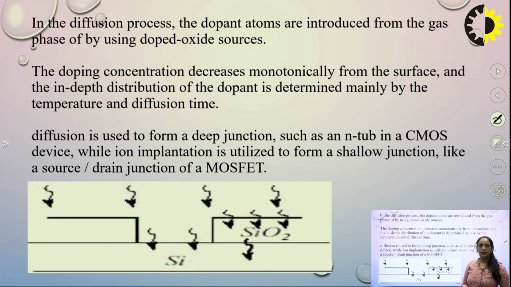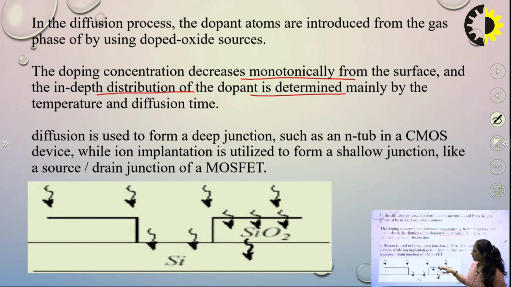So what basically is diffusion? In the diffusion process, the dopant atoms are introduced from the gas phase by using doped oxide sources, right? And the doping concentration decreases monotonically from the surface, and the in-depth distribution of the dopant is determined mainly by the temperature and the diffusion time, right?